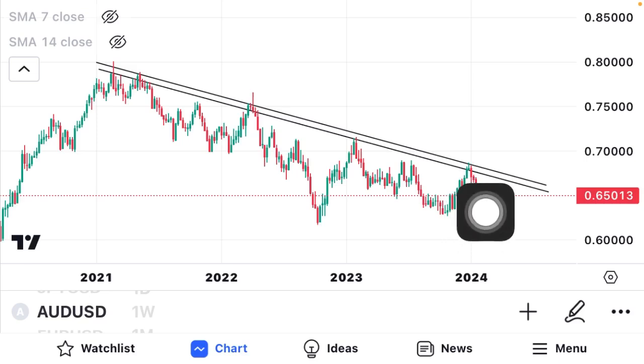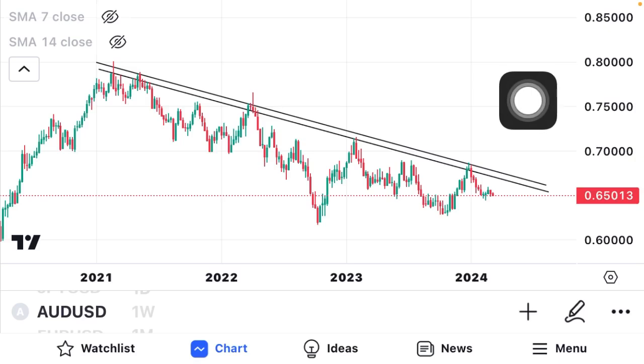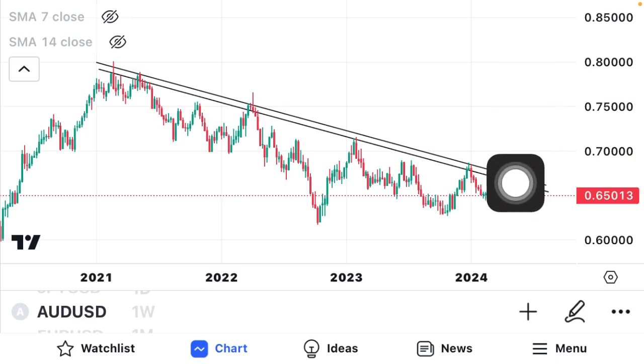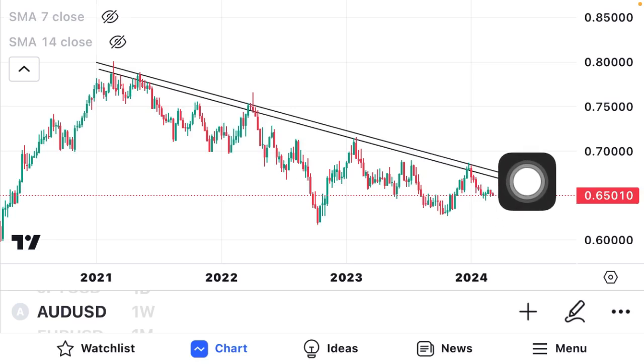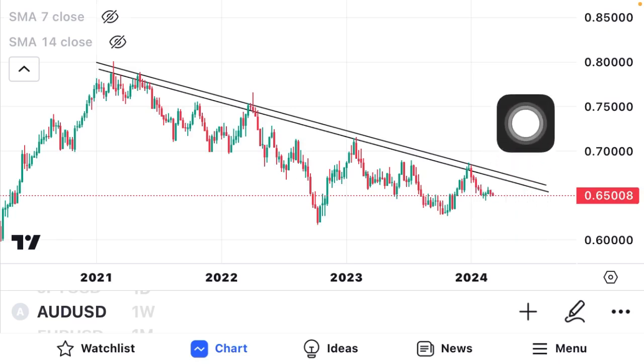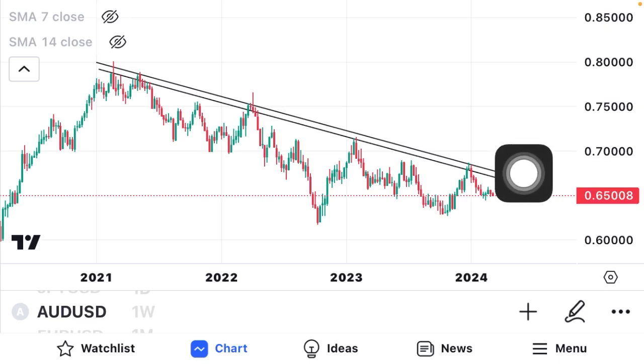But if the market breaks this trend line and shows me a bullish engulfing candle, I will enter the market for a buy. If the market gets to this trend line and shows me a bearish engulfing candle, I will enter for a sell. If the market goes up, breaks the trend line and shows me a bullish engulfing candle, I will enter the market for a buy.